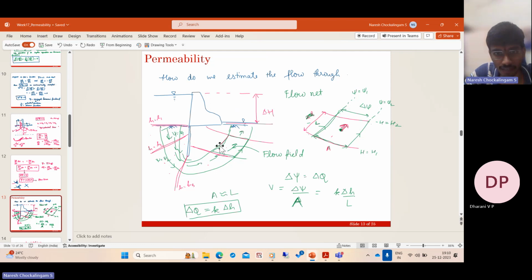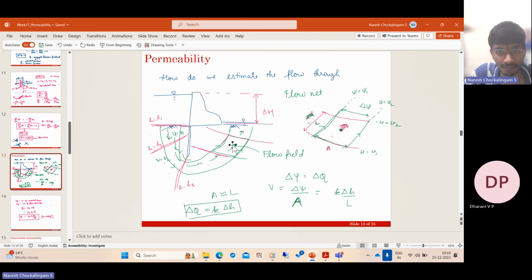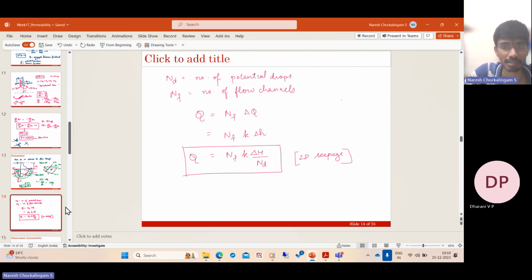In the space between two such flow lines, we can assume the velocity field to be constant. So this velocity is calculated using Darcy's law, and then given the velocity and the spacing between the two, we also get the flow in this channel. Then multiply this by the number of flow channels, we get the total seepage. So that is called the seepage loss.